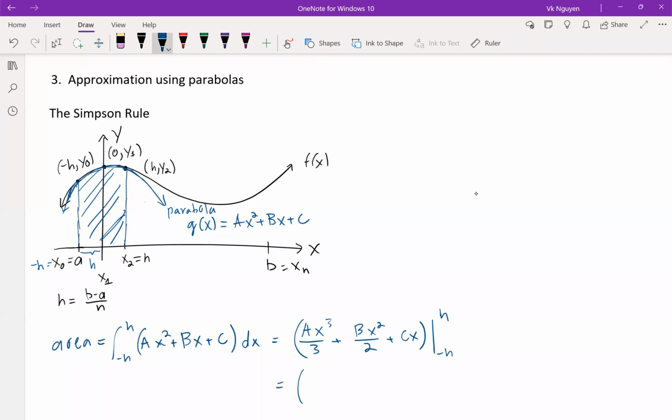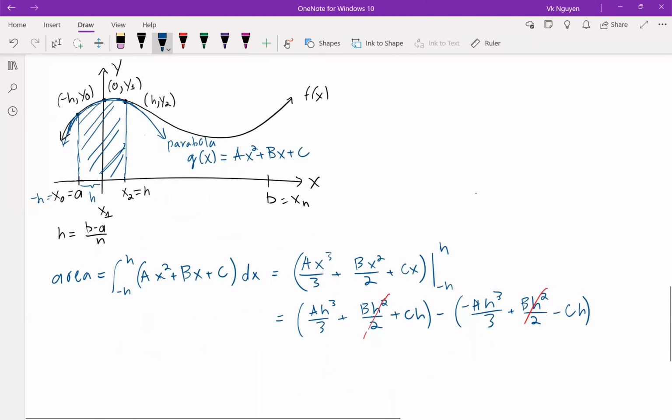And we have a h to the power 3 over 3 plus bh squared over 2 plus ch minus, when we sub in the negative h, negative a h to the power 3 over 3 plus bh squared over 2 minus ch. Distribute the negative. You see that bh squared over 2, they cancel each other out.